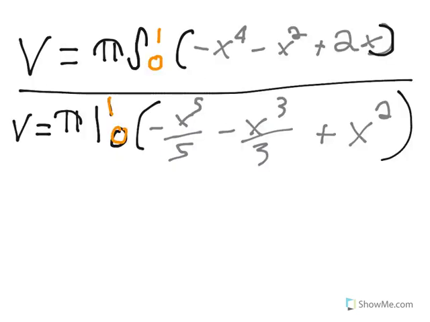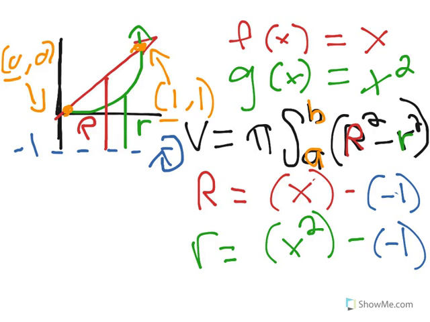So, real quickly, rundown, right? Right here, you graph it, you find the axes of revolution, you know f of x's, you know g of x's, you find a big R and a little r, very important. You find your integrand coordinates, in this case it was 1 to 0, and then you plug in big R and little r.